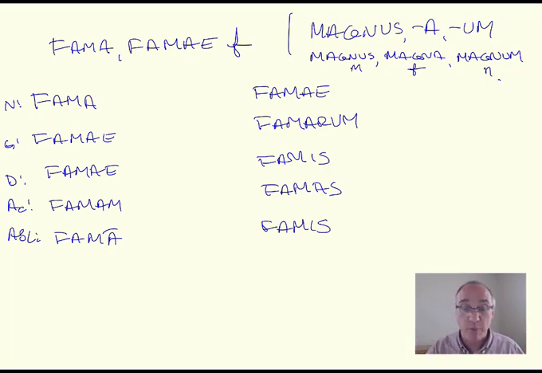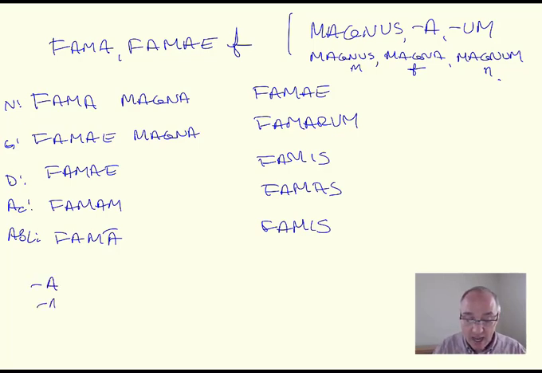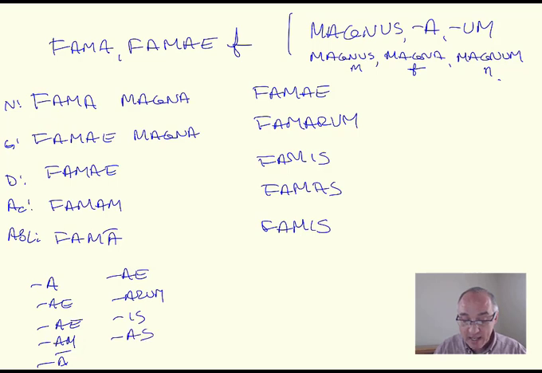Adjectives agree in case, number, and gender, so fama magna. If that were my subject, I would put both of them in the nominative case. Great fame is fantastic, whatever that is. Famae, magnae. In other words, I am putting my endings on this adjective to match the noun.